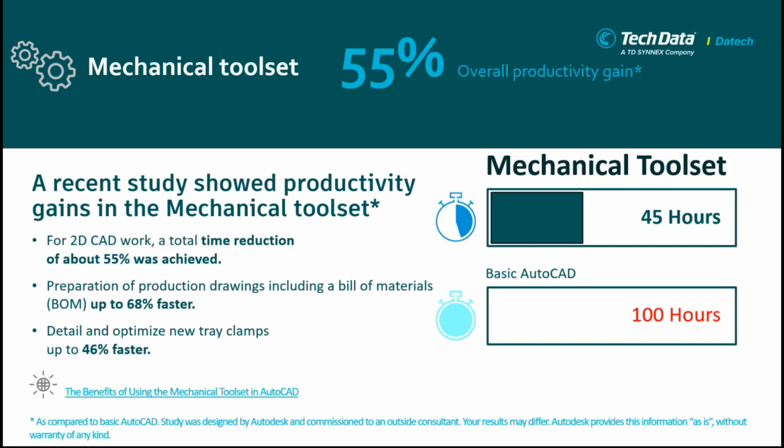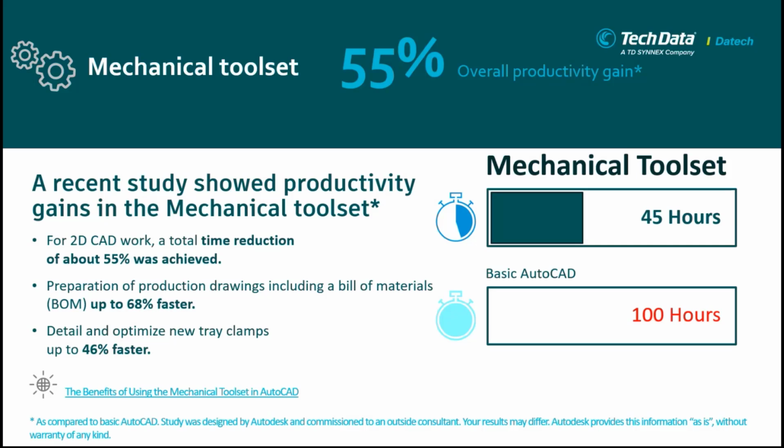And there are different types of activities that could be created. The time reduction could be achieved, or preparation of your manual bill of materials could be completely removed, and it could be 68 percent faster using the automated process of creating your bill of materials and creating your detailing.